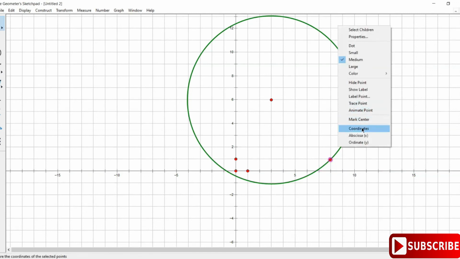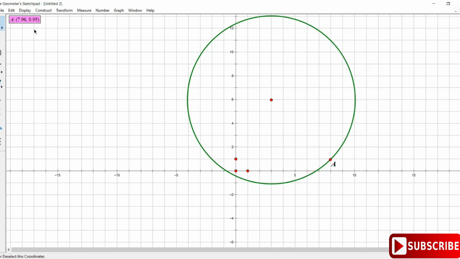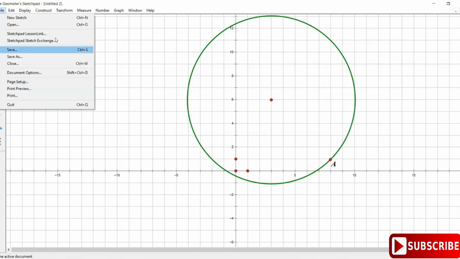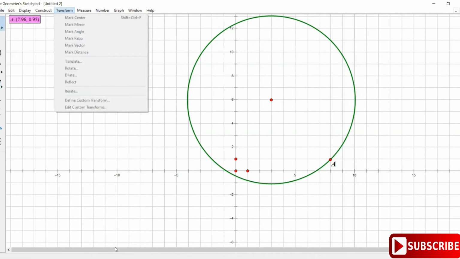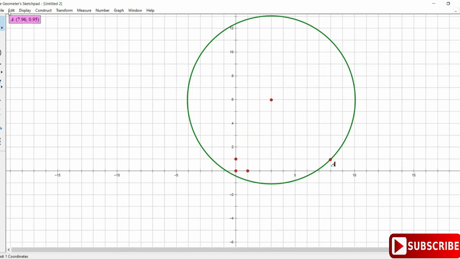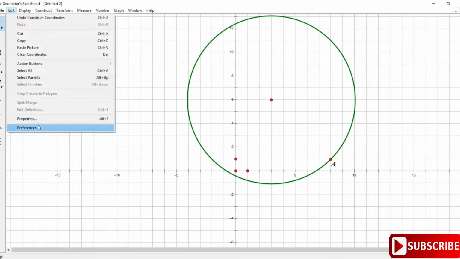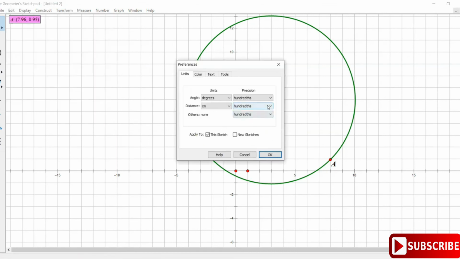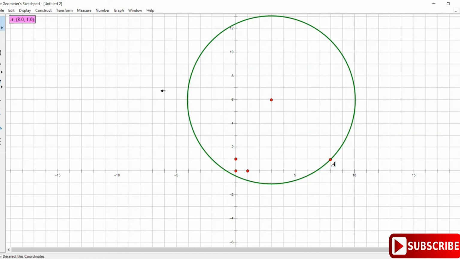I'm going to show the coordinates there. That's the point (8, 1). Let's go to preferences. So this is the point (8, 1) right here.